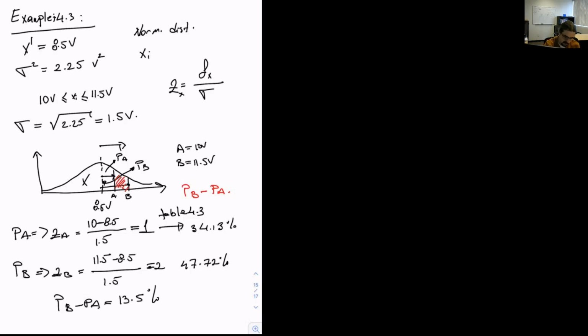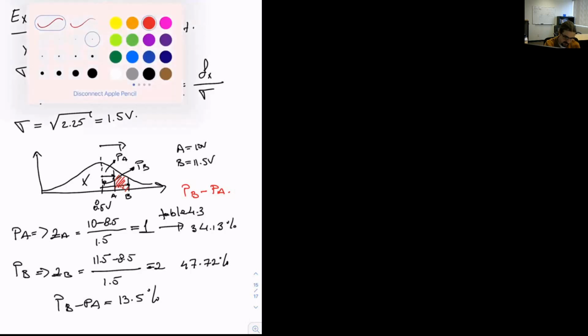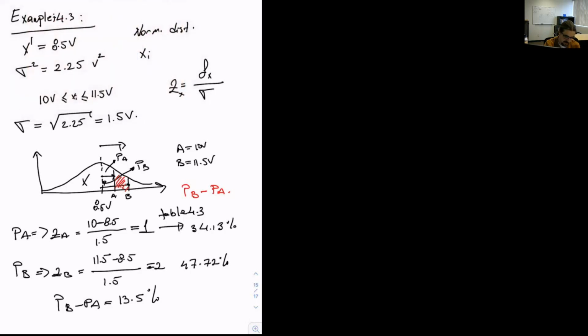13.5%. So therefore, we can conclude that if I know my central tendency and my variation, I can calculate the chances of a sample measurement being between two values.